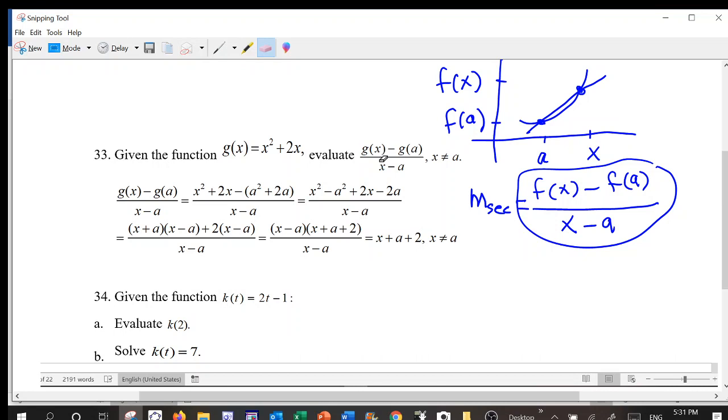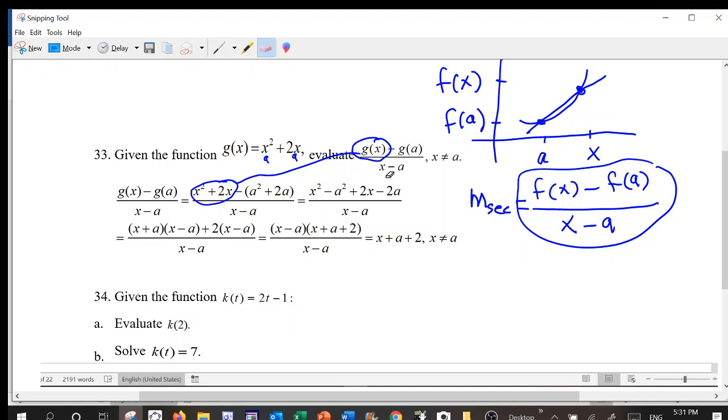Minus, now in this case it's not f, it's g, doesn't matter. So g of x is this thing, so we put it here. So g of x, which is that, minus, and the minus is part of the formula, g of a, that means take this and substitute a for x, as we did here.